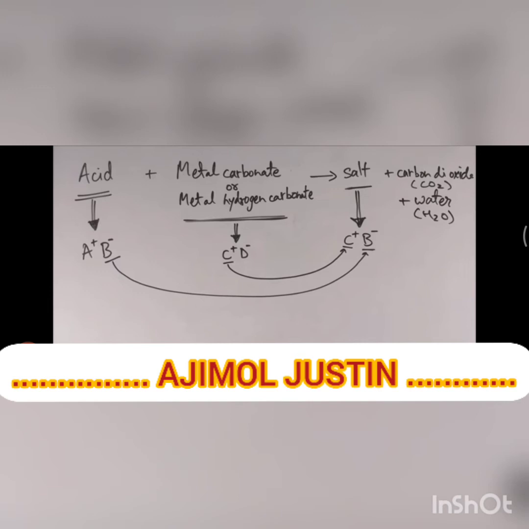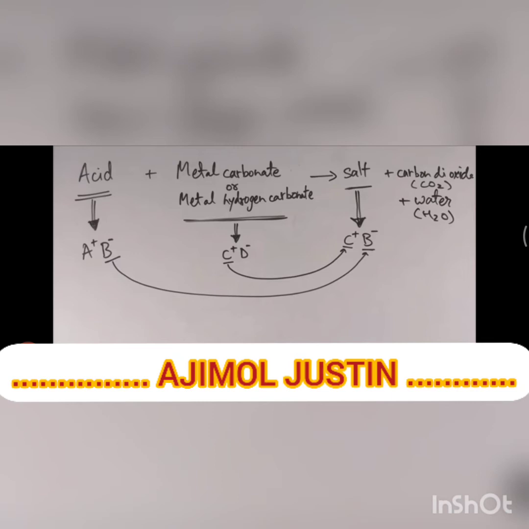Let us consider it to be C plus and D minus. That means when the salt is formed, salt takes the negative part of the acid and the positive part of the metal carbonate.